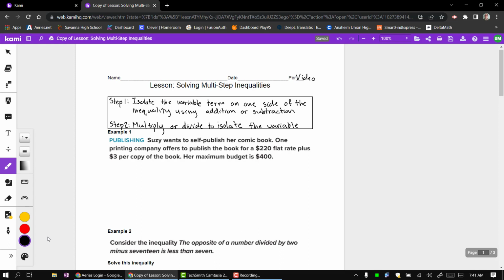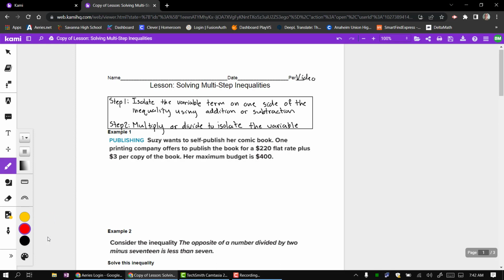So if you remember from a previous lesson, when you multiply or you divide by a negative number, we got to change the direction of the inequality sign. So we have to be careful of that as we're solving out our problems. So let's take a look at the first one.